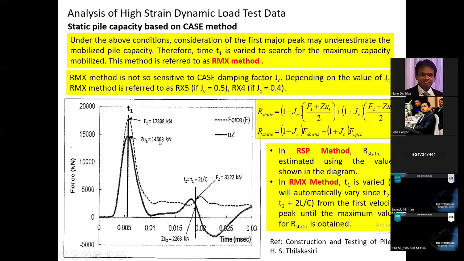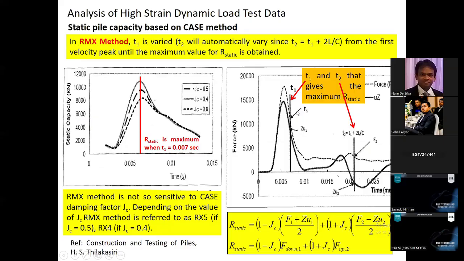T1 and T2 are varied until the maximum value is achieved by this equation. That is called the RMX method. It is noted that the value given by the RMX method represents the real capacity more than the RSP method.